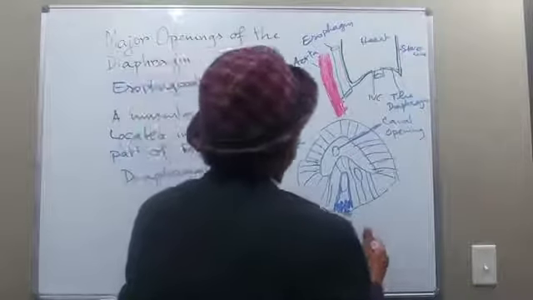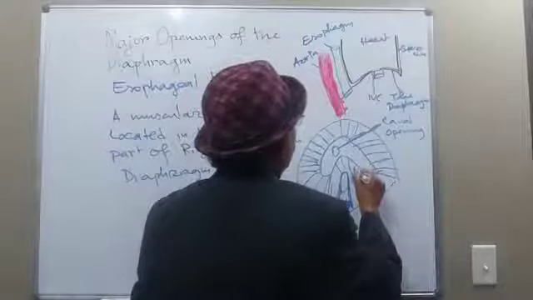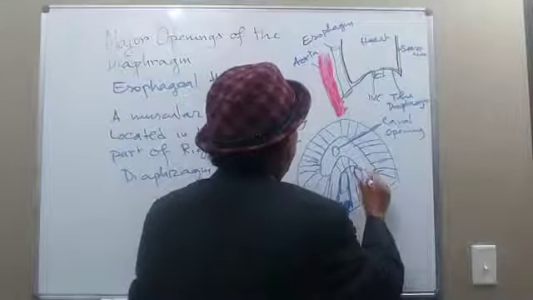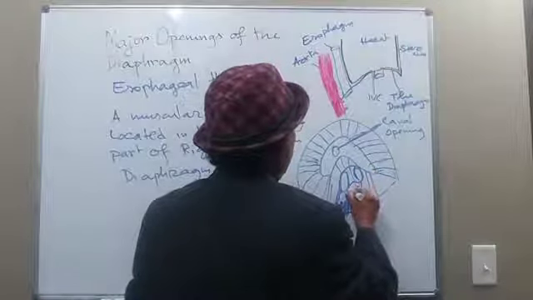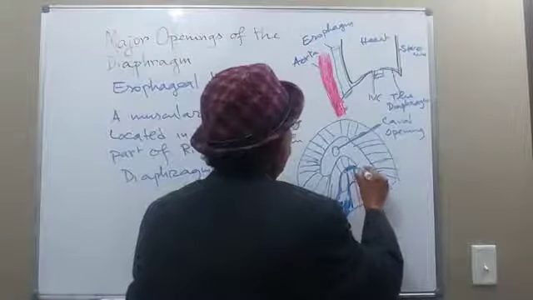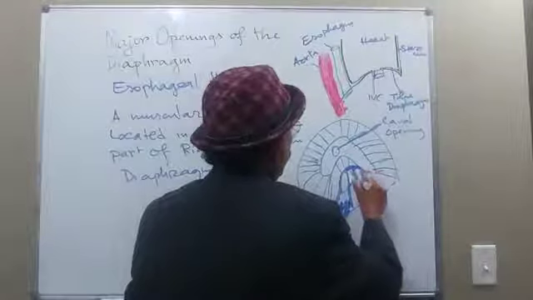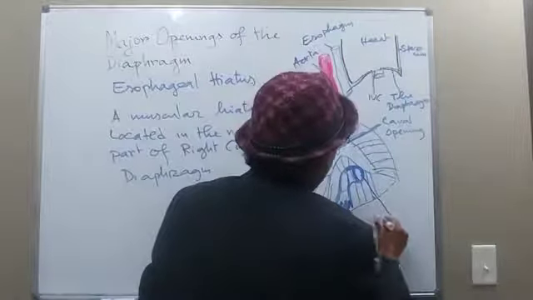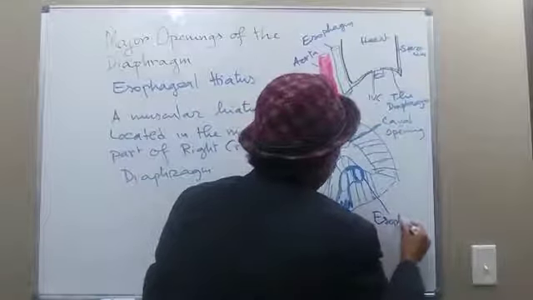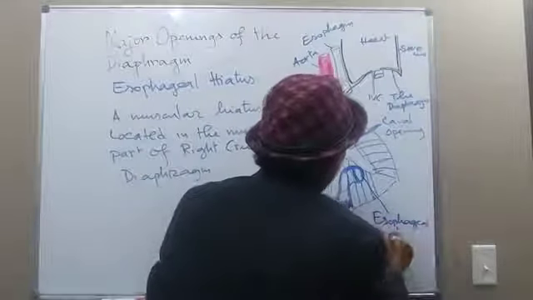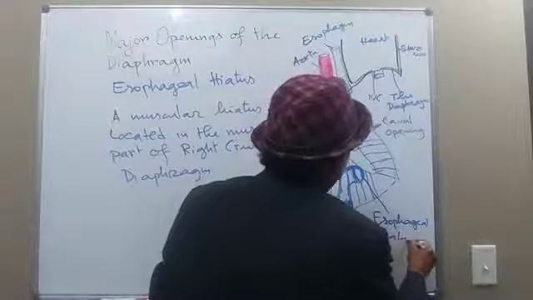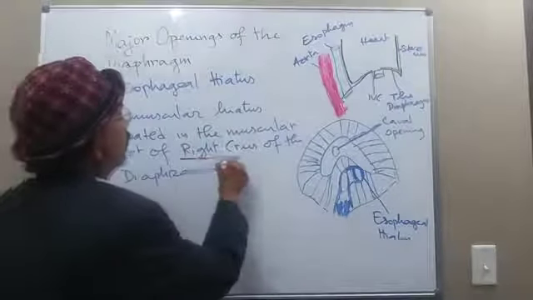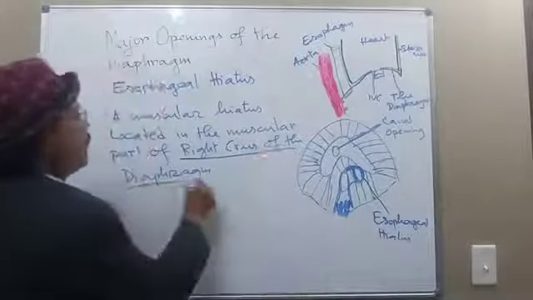So this is the right crus. The esophageal hiatus is surrounded by the muscles of the right crus of the diaphragm.